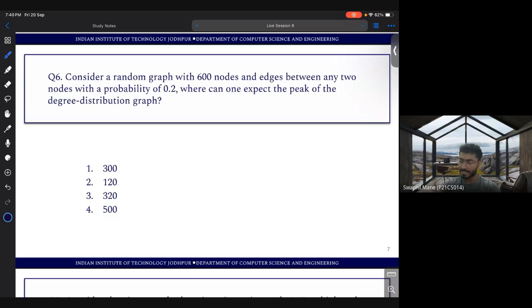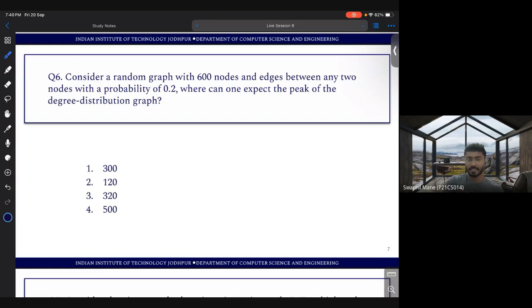Where can one expect the peak of the degree distribution of the graph? So first of all, this graph follows which distribution? Does it follow a bell-curved normal distribution or a power law distribution? Which distribution this graph follows, that we need to understand first.